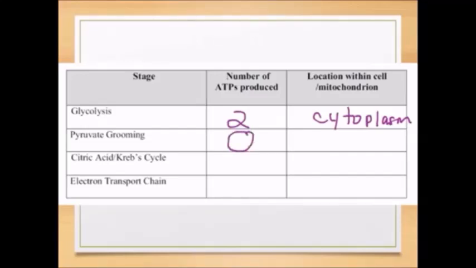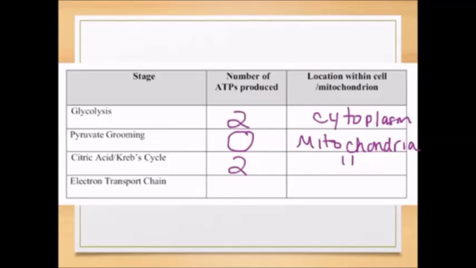We're just getting ready to go into our citric acid cycle. And we know that that step, while it starts out in the cytoplasm, is really happening in the mitochondria. In our citric acid cycle, or our Krebs cycle, we're going to produce 2 ATPs total from our 2 acetyl-CoAs that go in. And again, that's happening in the mitochondria.